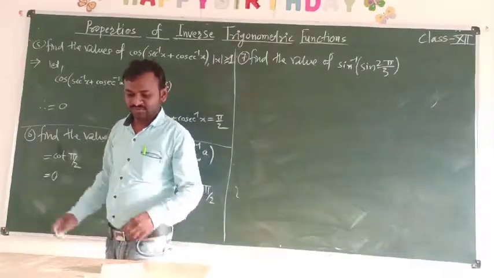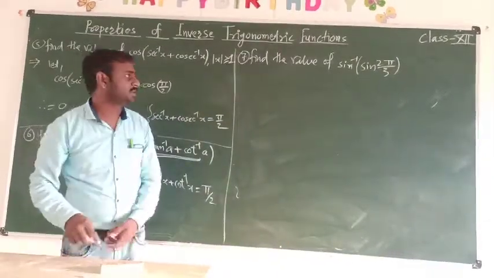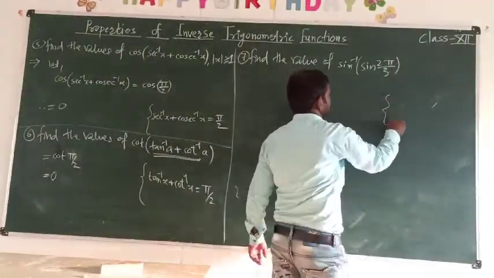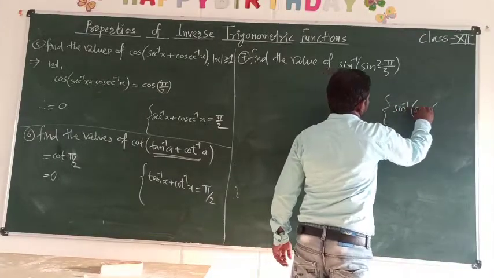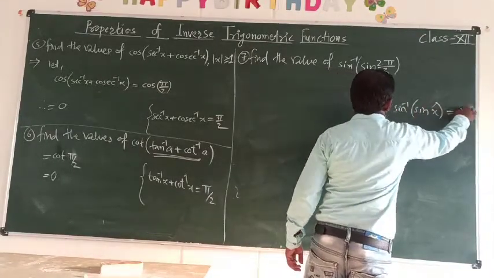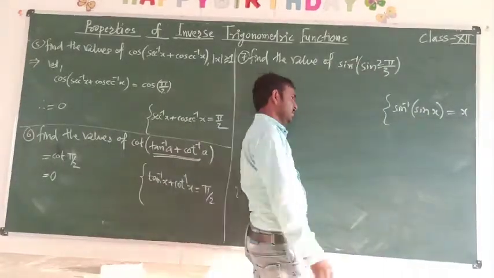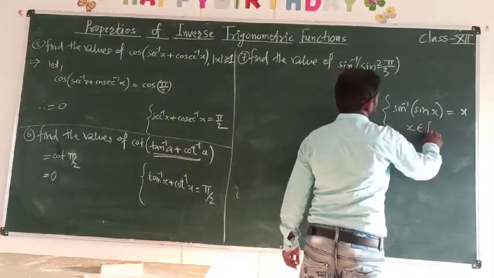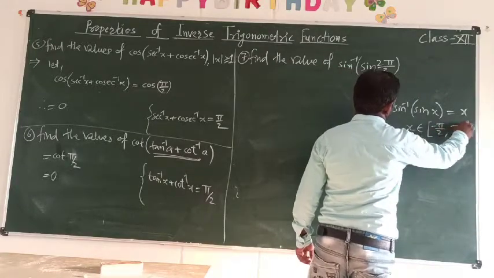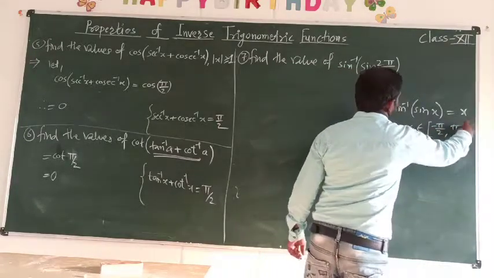Again, if you know the property, sin inverse of sin x is equal to x, but when x belongs to minus pi by 2 to plus pi by 2.